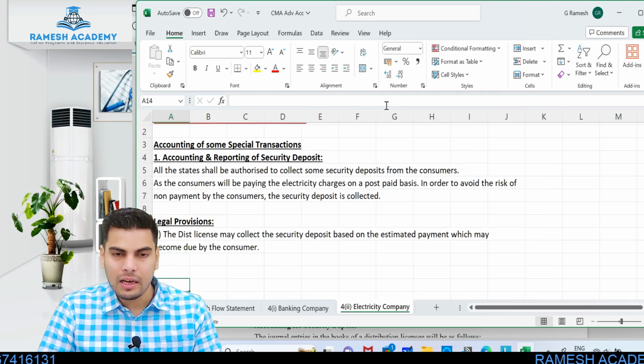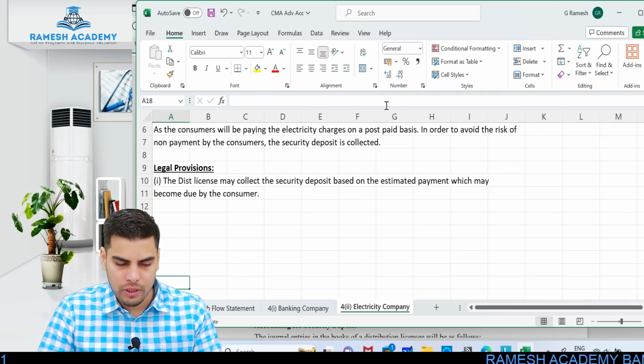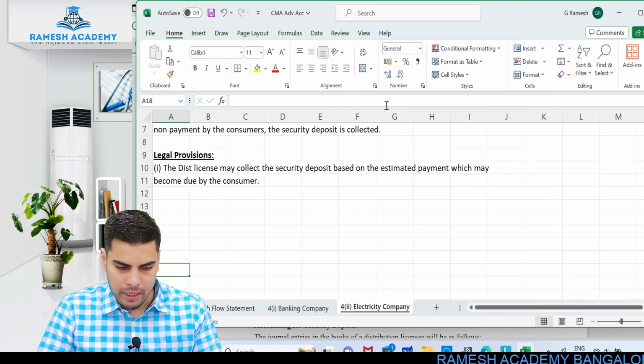How much is the amount he is supposed to pay? Based on that, the security deposit amount will be determined.